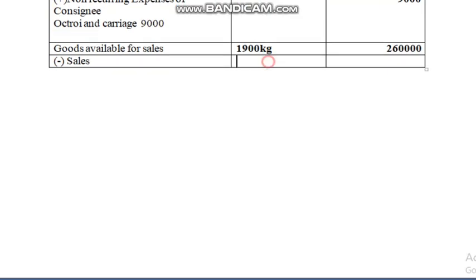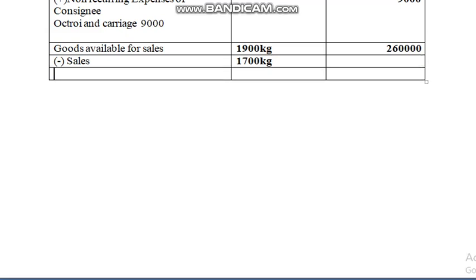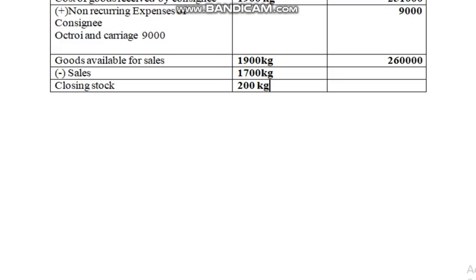So minus 1,700 kg of oil, and you will get closing stock of 200 kg. And here we have to calculate the value of this 200 kg. How to calculate the value of this 200 kg? Here 2,60,000 rupees is incurred for 1,900 kg. Then how much for 200 kg?